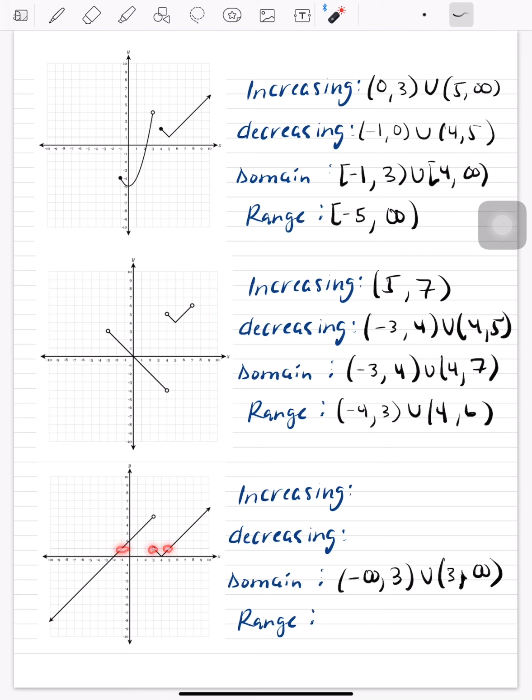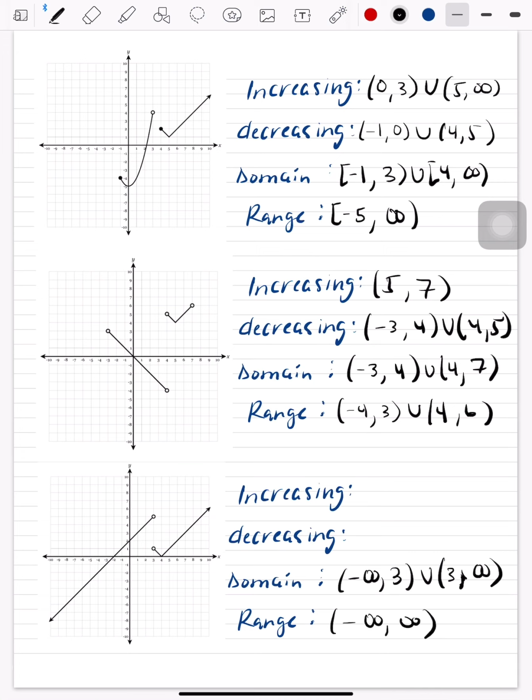So the fact that it's open doesn't matter. Now we keep going up, and then we're like, oh, wait, is there a missing output at 5? And the answer to that is yes, here there is. However, remember, there's an output at 5 right there that we can use. And so as a result, we can keep going up. In this case, actually, there is no break. Your range is from negative infinity to infinity.